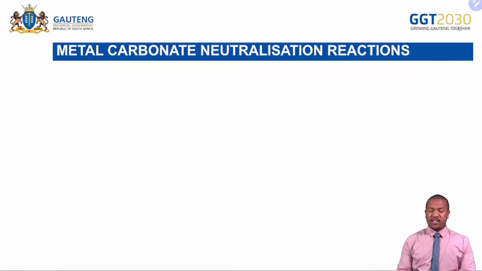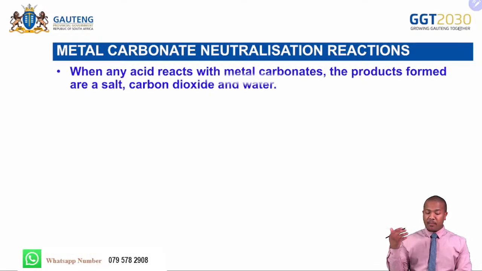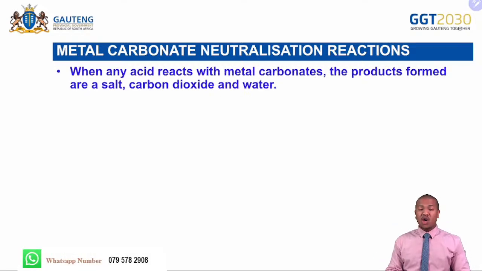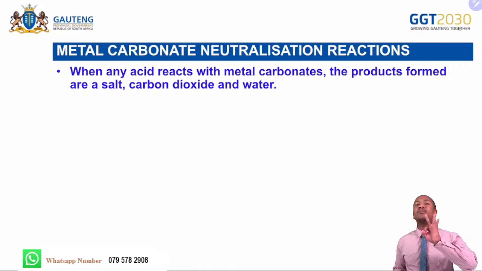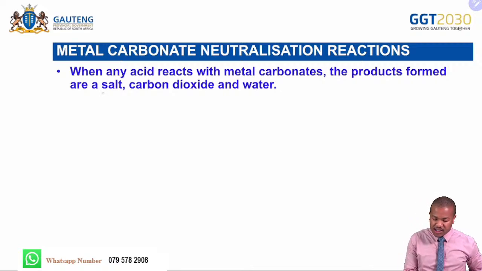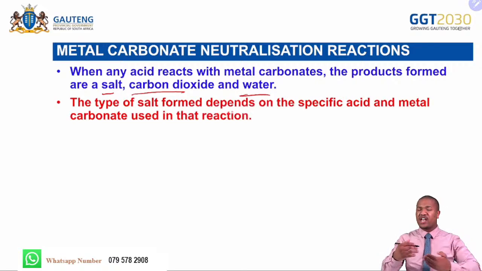We say that metal carbonates can neutralize acids. So when any acid reacts with metal carbonates, the products formed are a salt, carbon dioxide, and water. So in this case, you form 3 products. We're going to look at the general reactions as well.